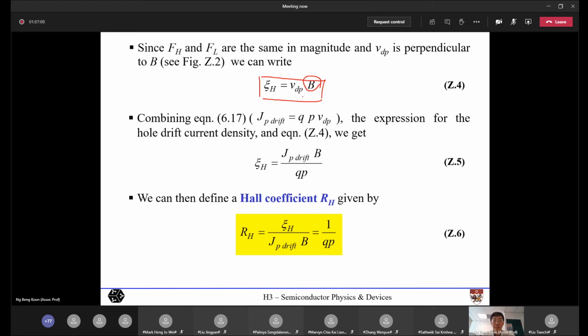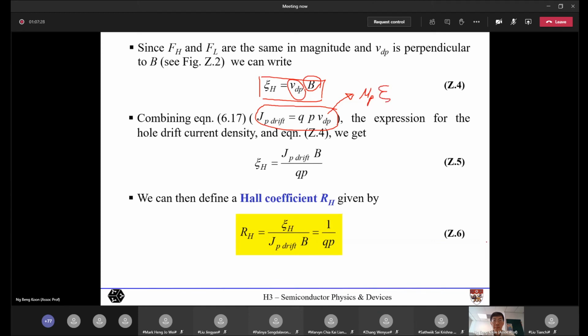In fact, this drift velocity can be expressed in terms of the drift current density, because we know that the drift current density is given by Q multiplied by P multiplied by VdP, which is essentially the mobility of holes times the electric field.